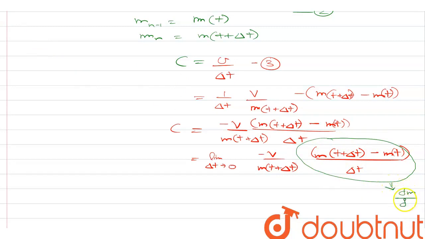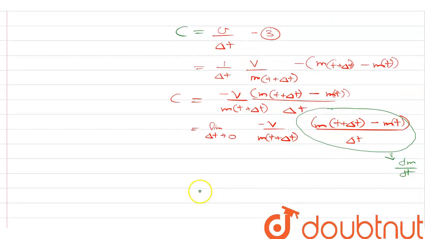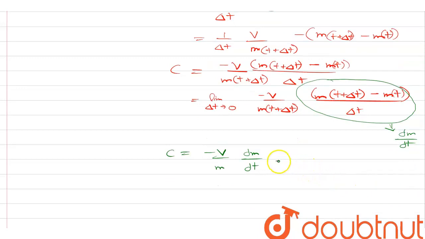So I can write this as dm by dt. So C is now equal to minus V. For delta t tends to 0, I can replace M at t plus delta t simply by M, times dm by dt. Let's mark this as equation number 4.